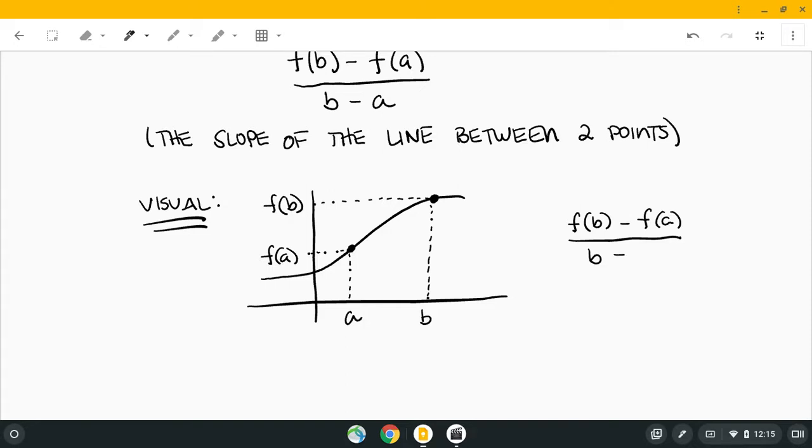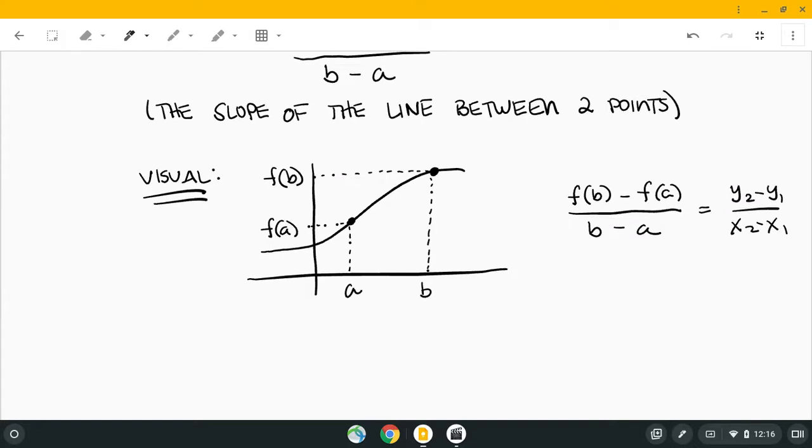That's x2 minus x1. So we can see how this is the same as your slope formula. And you may have learned slope as average rate of change. If you were in my class last semester, that's what we called slope.